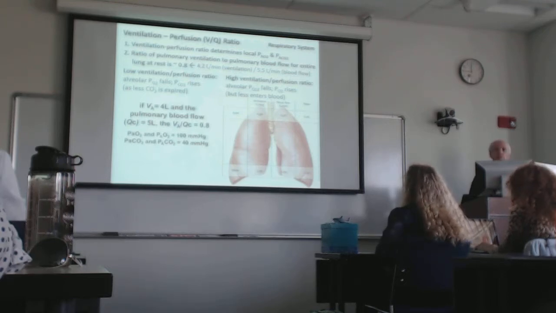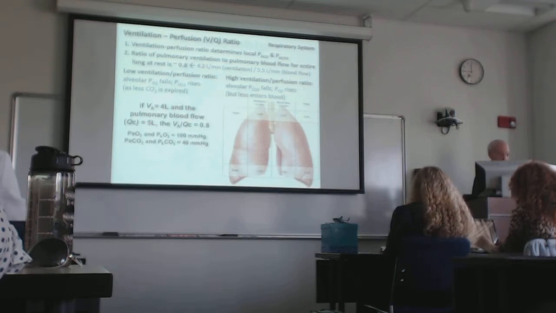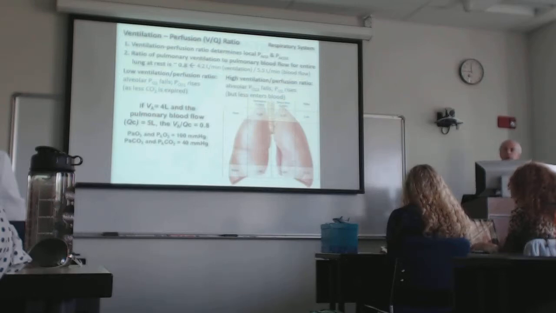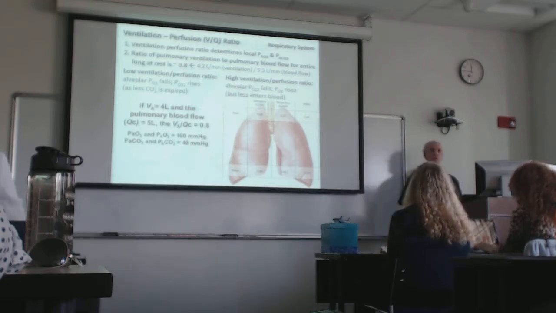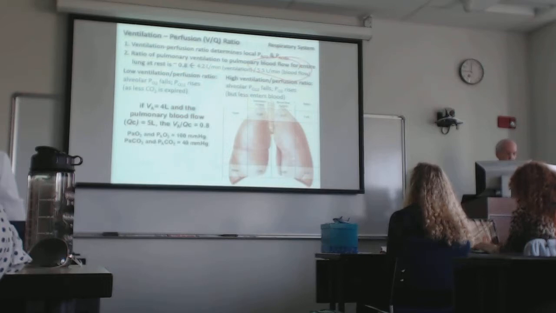Is it going to go up or down? Make sure you understand that. I think somebody indicated congestive heart failure. How is that going to affect cardiac output and VQ ratio? Elevated or depressed? If your blood flow is compromised, because it's in the denominator, this number is going to go up, right? So you get the idea.